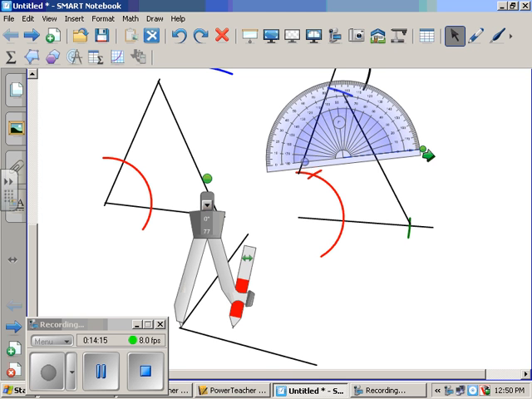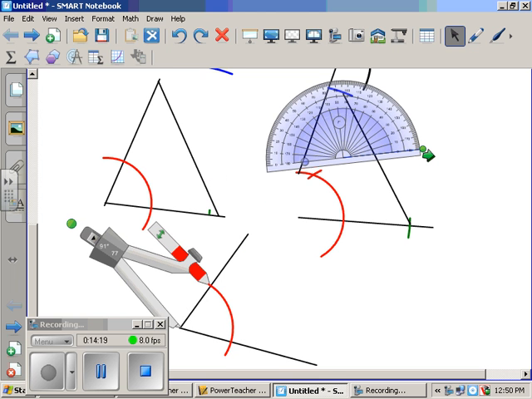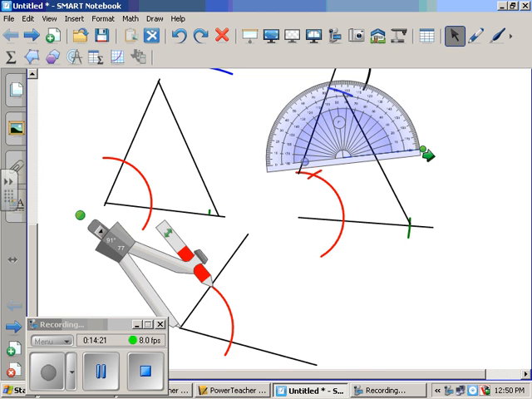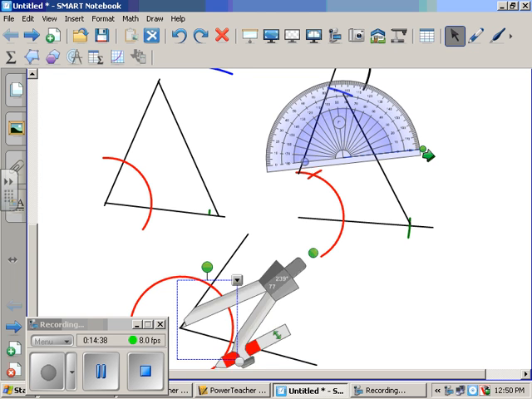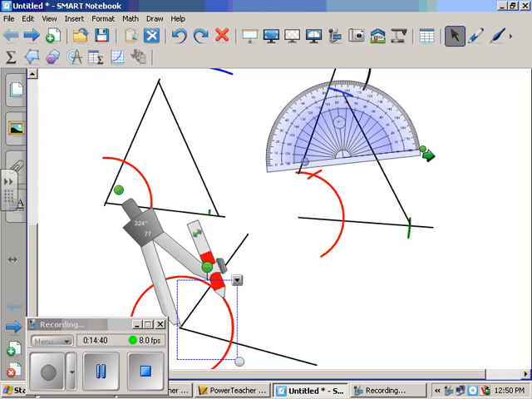So I'm going to open it up really any amount you want and draw an arc through both sides of your angle, so that we know we're starting from the same distance. This is the same distance and this is the same distance, because basically aren't they radii of a circle? Like if I continued this all the way around, it'd make a circle, and that would be the radius, right?